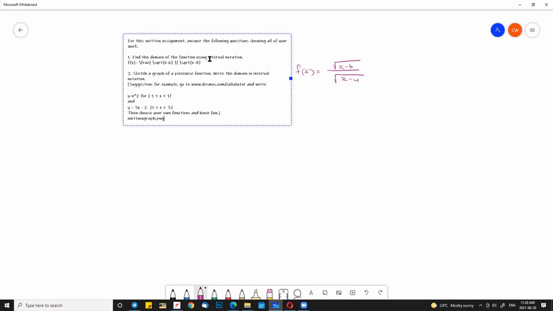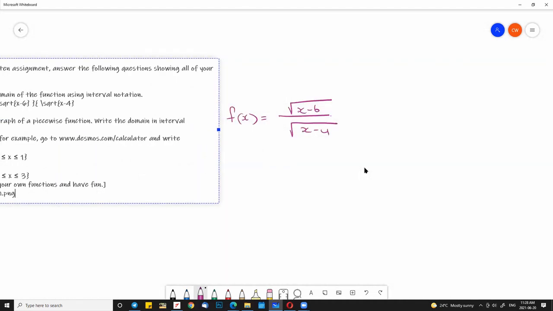Find the domain of the function using interval notation. So the function, we have radicals, right? We have a square root up here, and we have a square root down here.